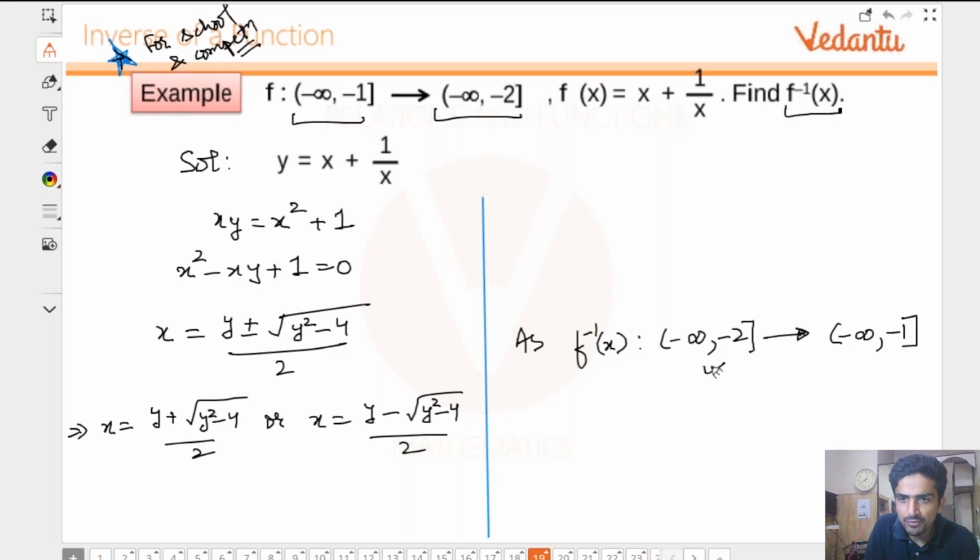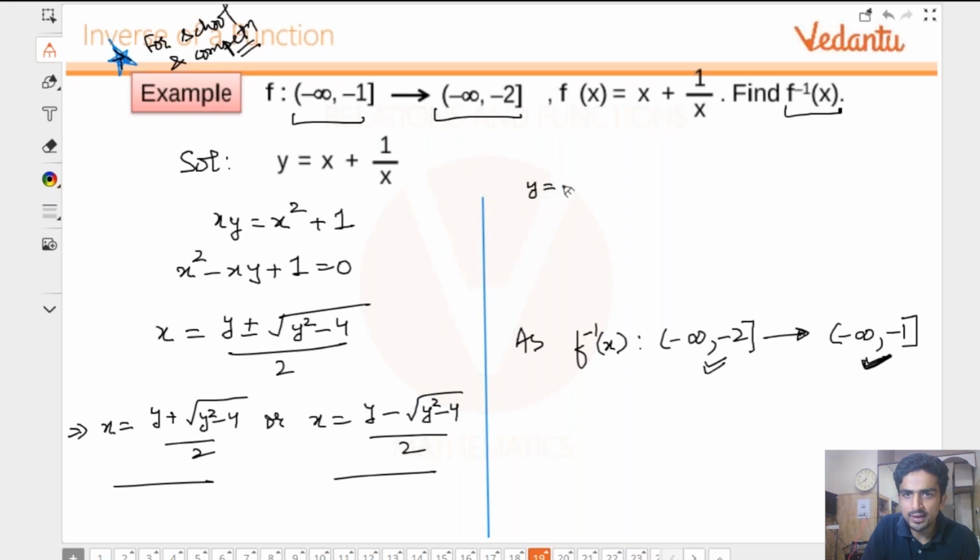We will take some y here and check which of these two gives output here. That should be the right inverse. The one not giving output here should be the wrong one.